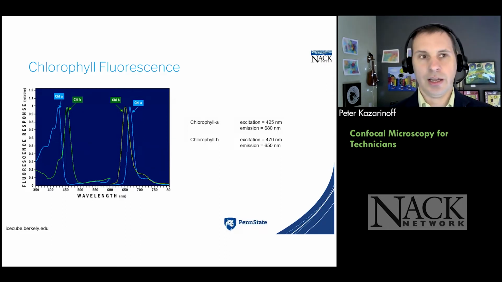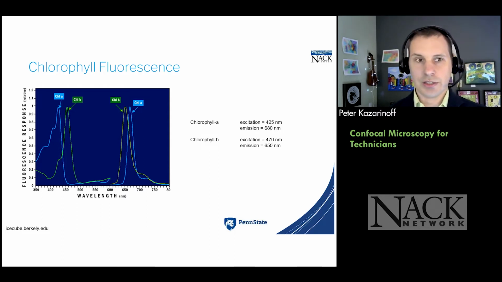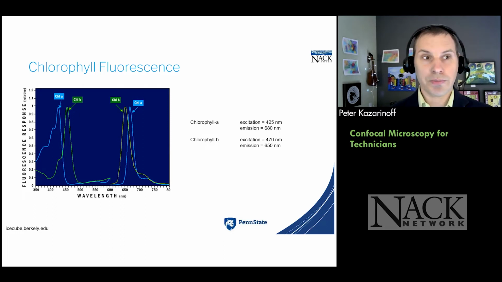A lot of these samples fluoresce on their own without dyes being added to them. Fatma was talking about using specific dyes to show fluorescence in the sample, but a lot of naturally occurring cells will fluoresce on their own.